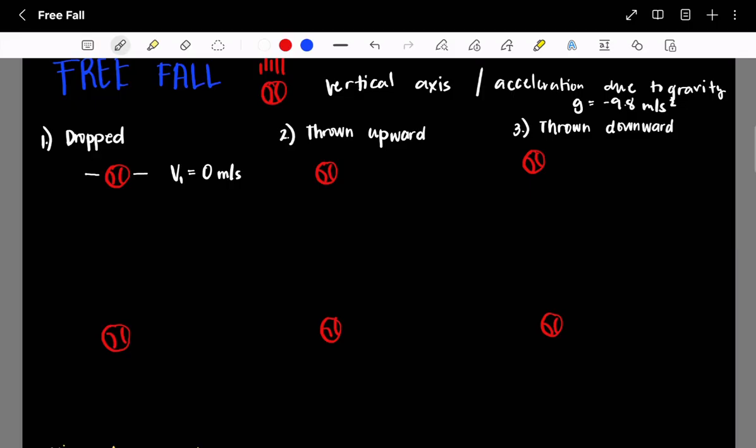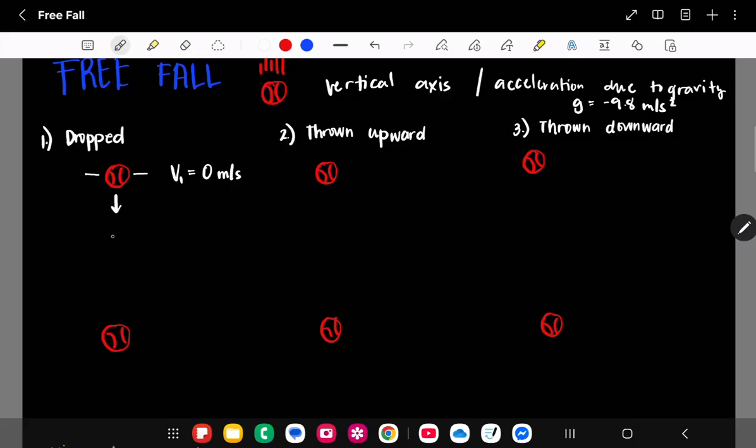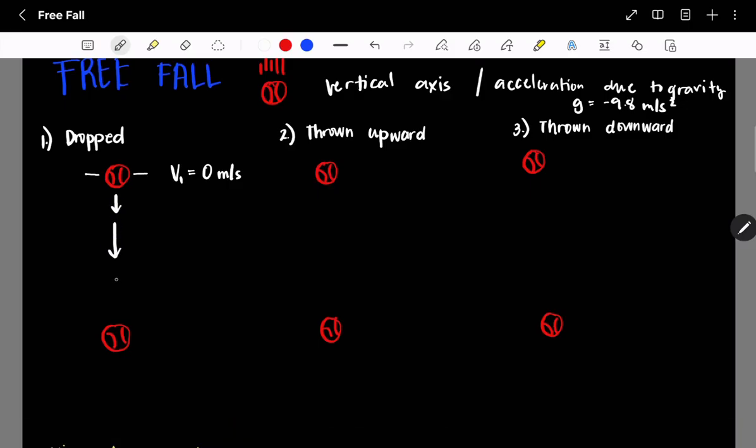As the object falls down, we expect its velocity to increase as it travels the vertical axis. This increase in velocity is due to, again, the constant negative acceleration of 9.8 meters per second squared. By the time it reaches the lowest point, just before it hits the ground, its velocity final will not be equal to 0 meters per second and is way higher than its initial velocity.